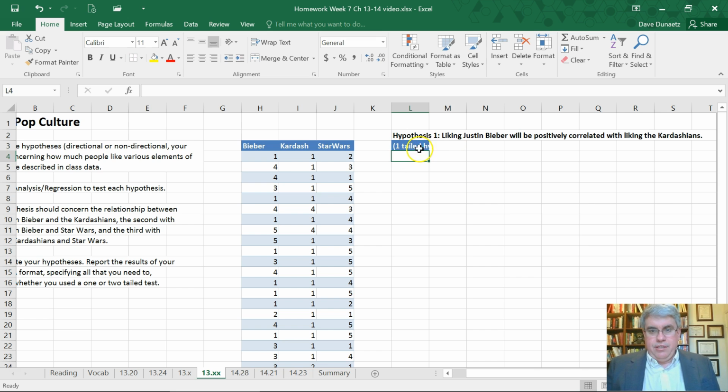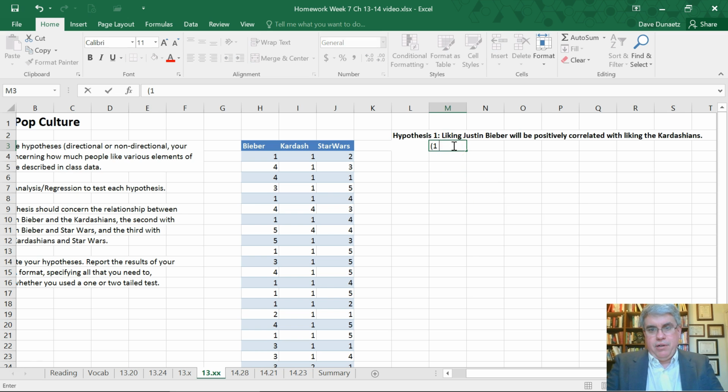Oh, it looks like it thought that was part of the table. So this is going to be a one-tailed hypothesis.